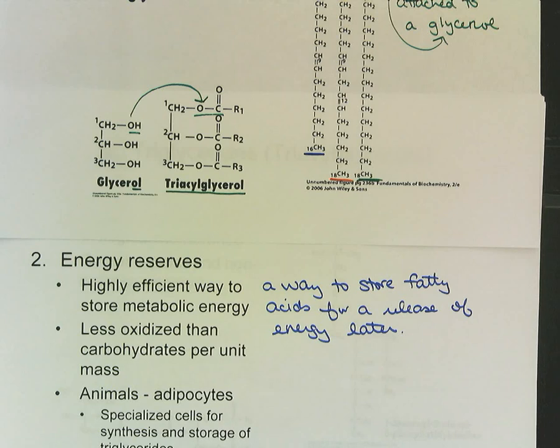The reason we store fatty acids is that it takes less energy to oxidize them back into energy usable forms than it does for carbs, which is why your body stores fat. It doesn't store carbs. It can convert carbs to fat, but your body cannot store carbs. It stores it as fat for use later or when it's cold.